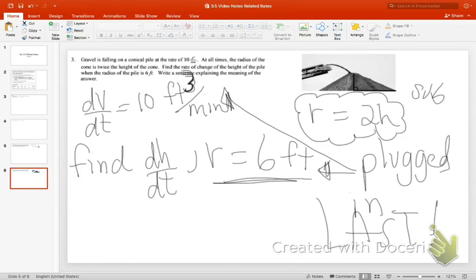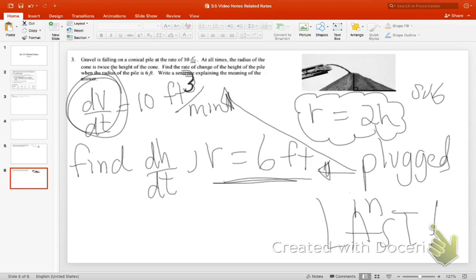Okay, those we don't want to end up zeroing out. We need to use those in our final substitution. Right now, I only have this relationship with r equaling 2h, and that's not involving our volume at all.